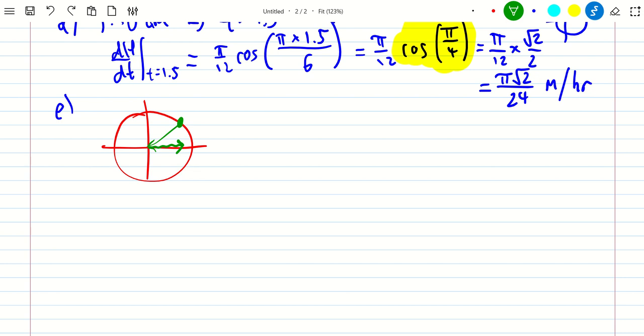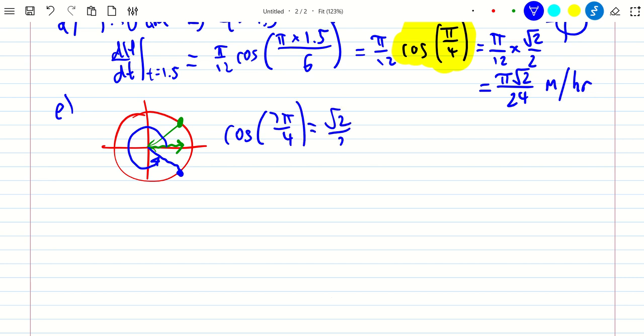I'll do it in blue. You'll also get the same value down here, because that angle there is 7 pi on 4. If you take cos 7 pi on 4, that will also equal root 2 on 2 because it's in quadrant 4. You'll get a positive cos value, still root 2 on 2.